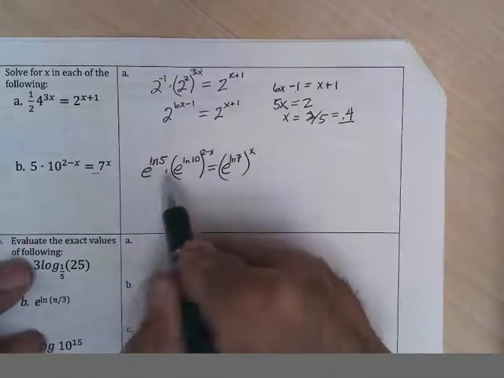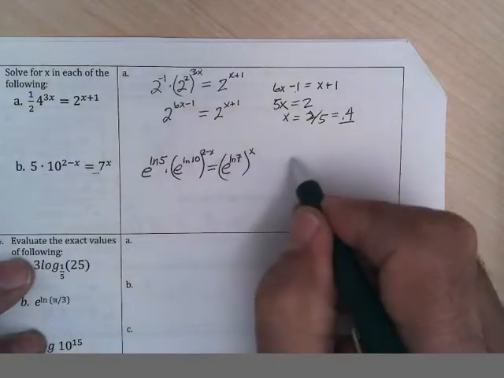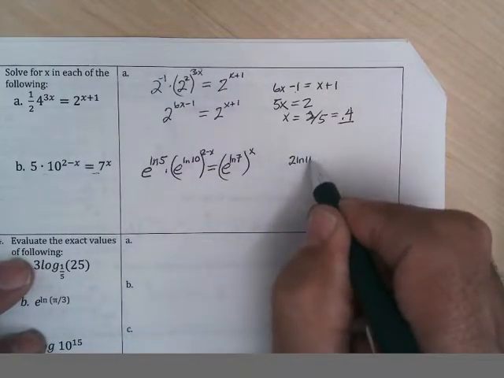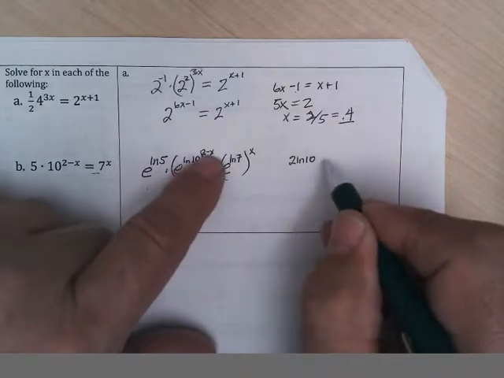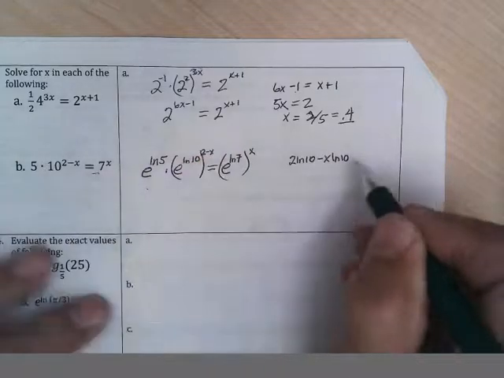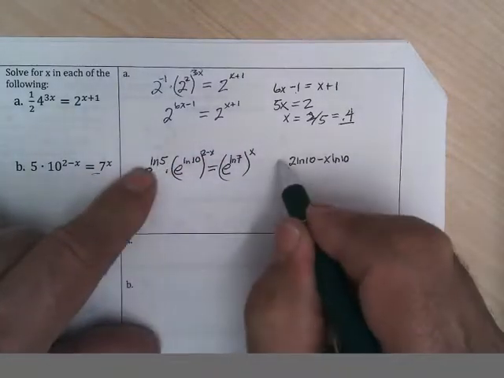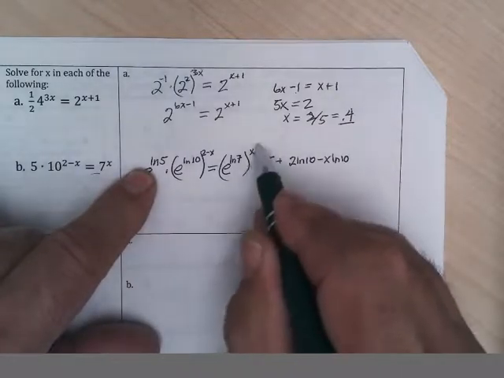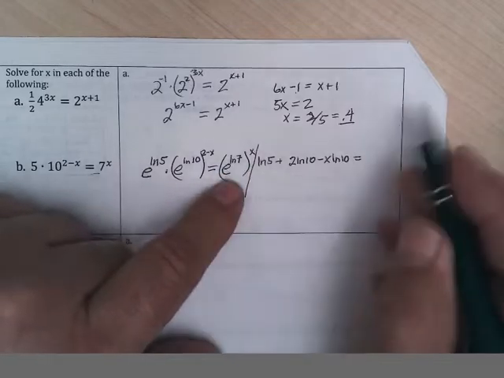So then this becomes 2 times the ln 10, 2 ln 10, yes, and minus x times ln 10. And we've got to add to that because we're multiplying. We add plus ln 5 equals x times ln 7.